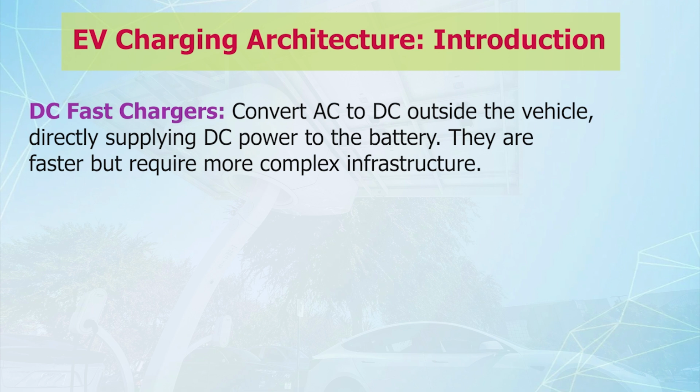However, these DC fast chargers are situated at public places, and we can charge our batteries from these public charging stations. They are quite a bit faster as compared to level 1 and level 2, and they come under the category of level 3, and they require more complex infrastructure as compared to AC chargers.